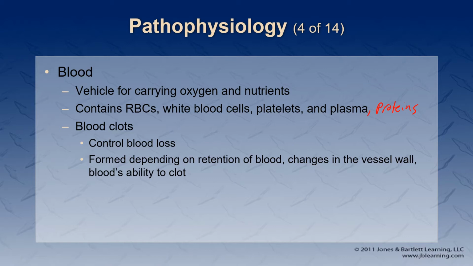And what's important to know here is your RBCs and your plasma are where the O2 lives, right? So your RBCs can carry 4 oxygens each, and that's what our SpO2 monitor is detecting, right?